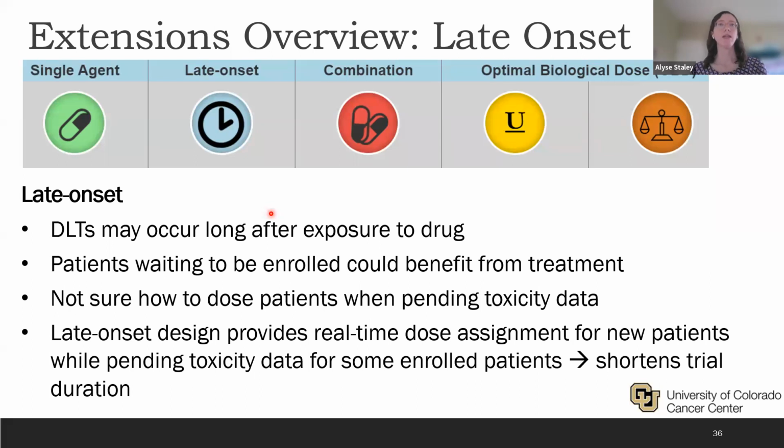But we don't know at which dose to treat these patients because the toxicity data from previous cohorts is still pending. The goal of the late onset design is to provide real-time dose assignment for new patients while that toxicity data are still pending for some of the enrolled patients. This has the benefit as well of shortening the trial duration.